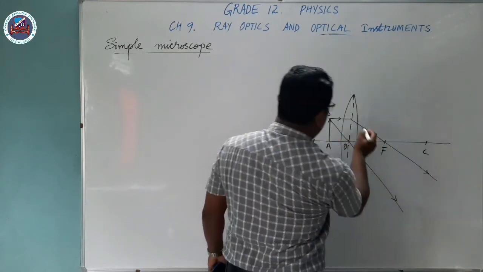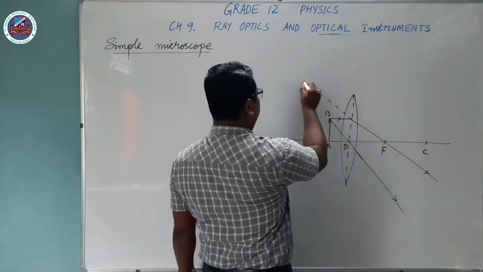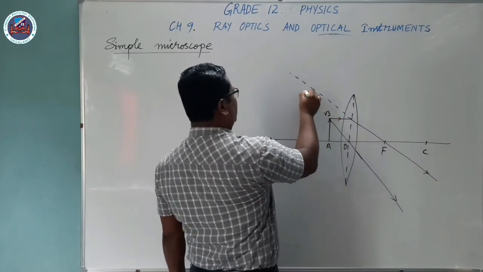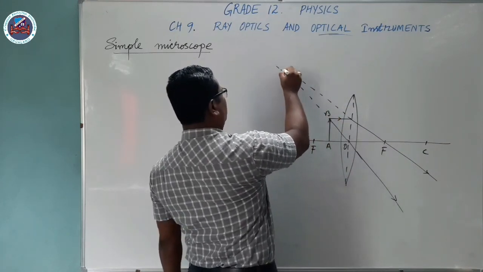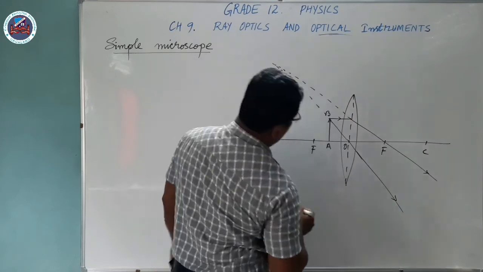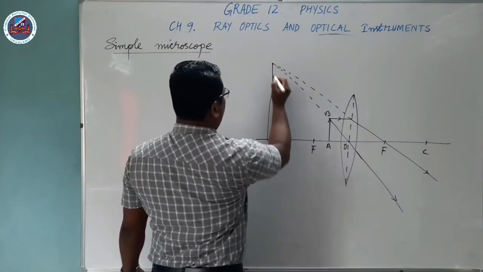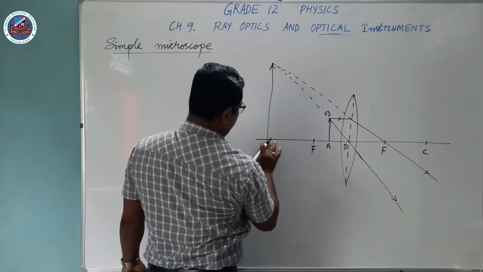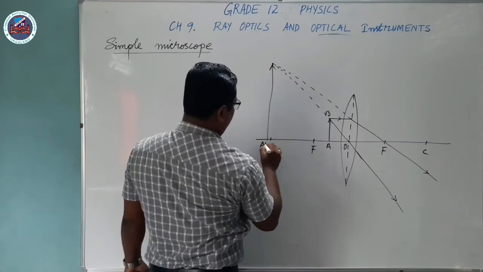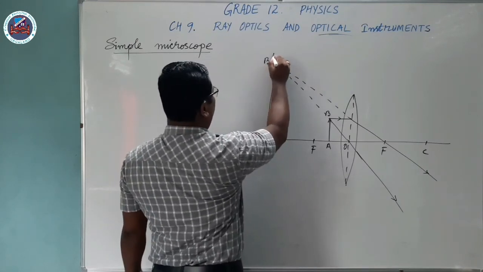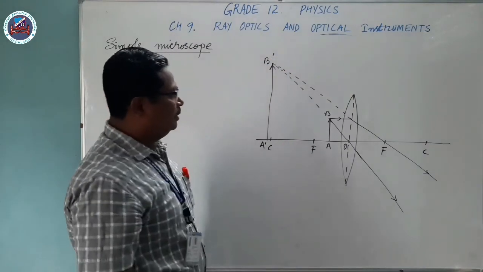If you produce these two rays backwards, they will appear to be coming from a point here. If I draw a perpendicular image here, I'll mark it as A dash, B dash. This will be the final image of the object.